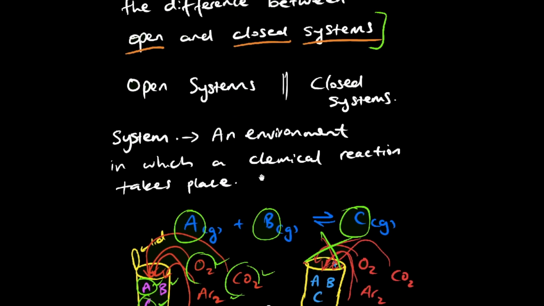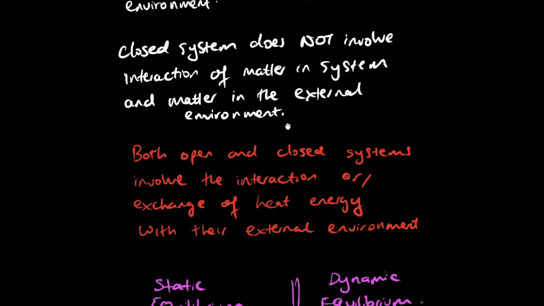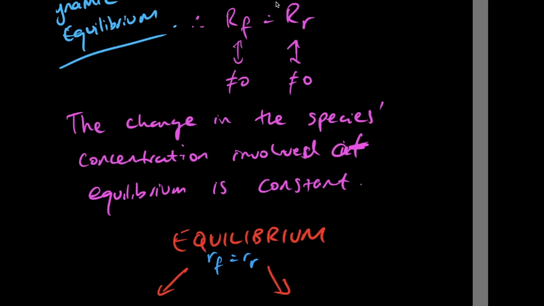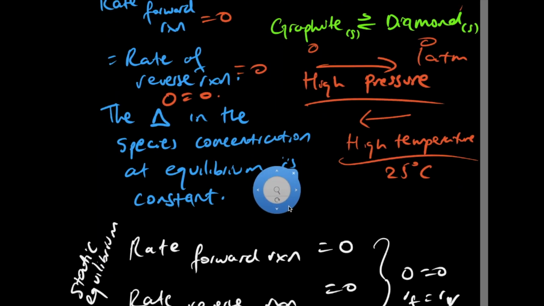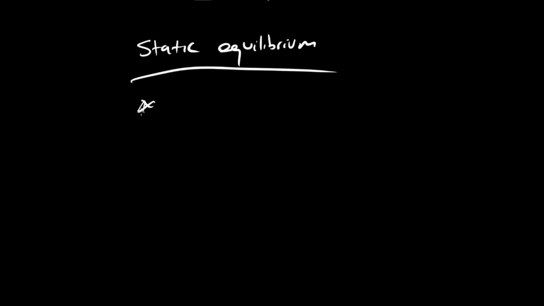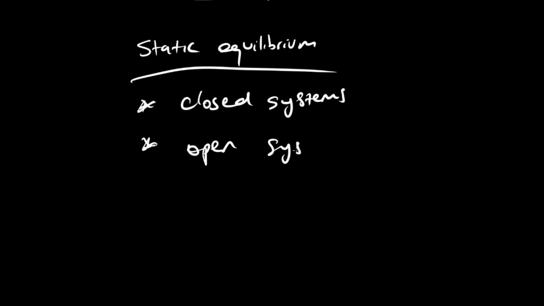Also, one last thing. Static equilibrium generally occurs in closed environments, so closed systems, and they can also occur in open systems.